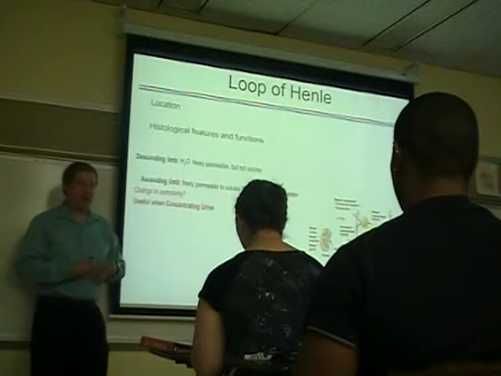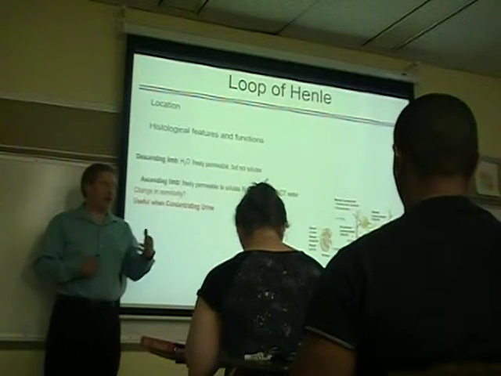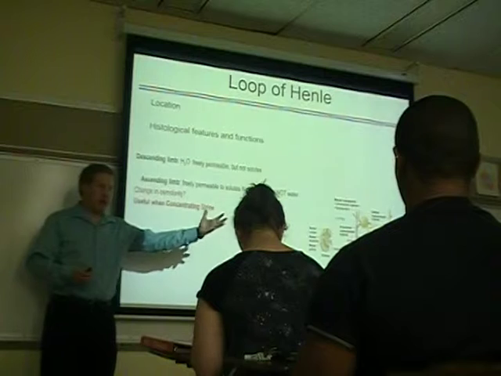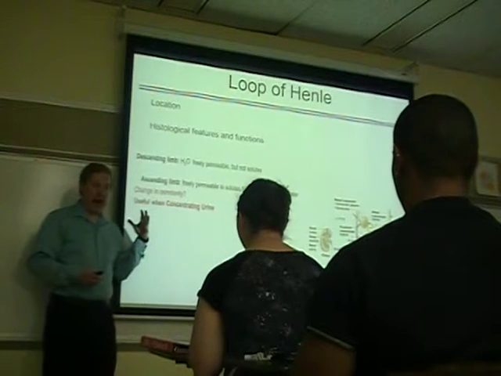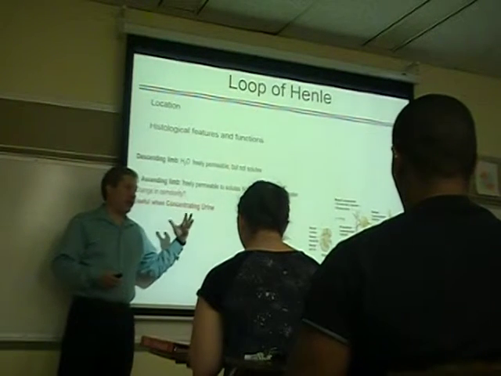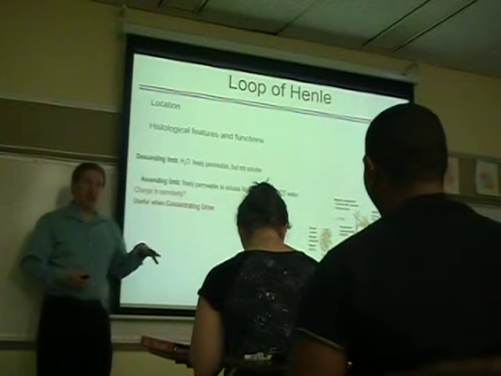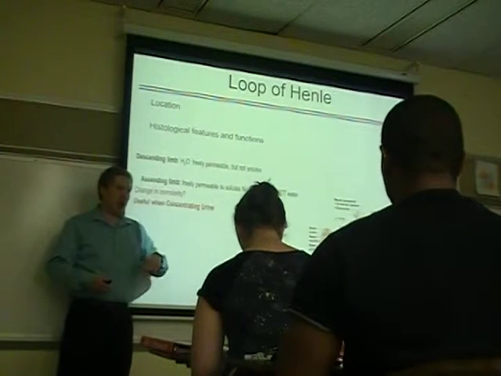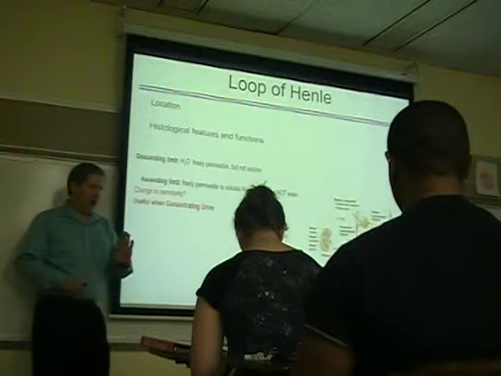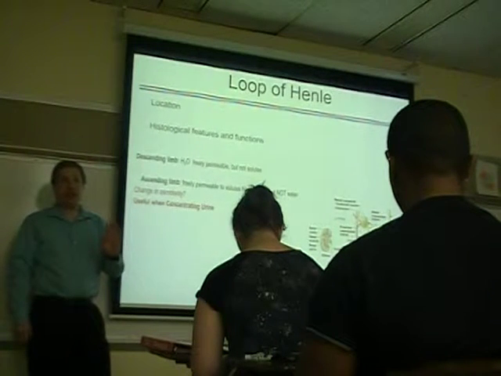It increases. It becomes saltier, because water moves right out of the descending limb, but solutes cannot leave. So as the fluid descends the long loop of Henle, you have an increase in saltiness or osmolarity.